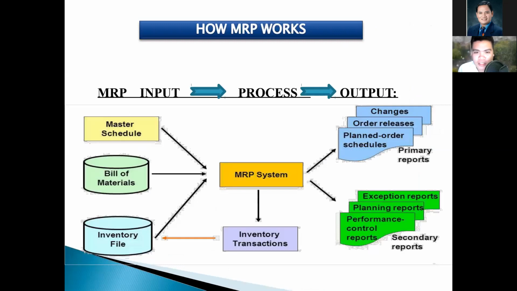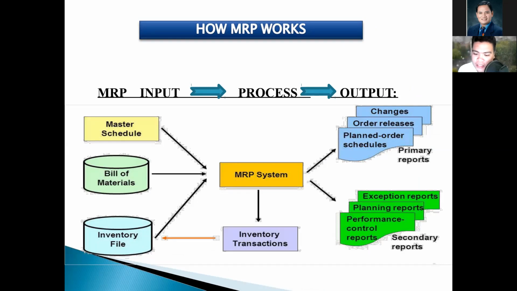Now, this is a holistic view on how MRP works. So from the MRP, there's what we call master schedule, or ito yung tinatawag natin na production schedule. There is a bill of materials, the materials that you need for your production, and the inventory file or the inventory status or inventory level. Now, these three points will be inputted on your MRP system.